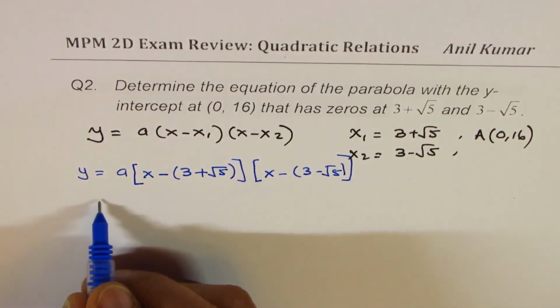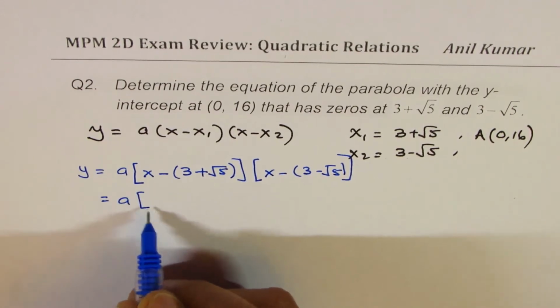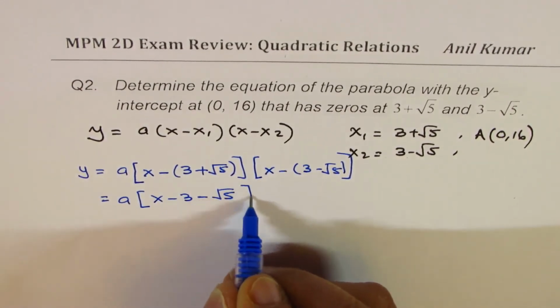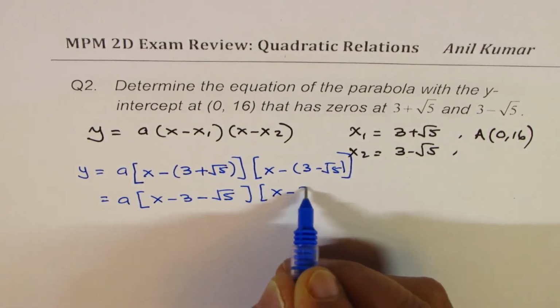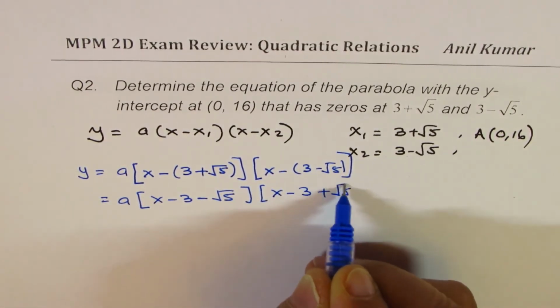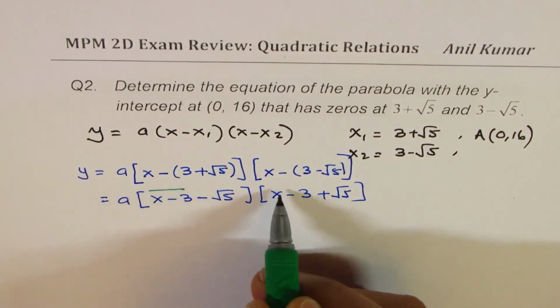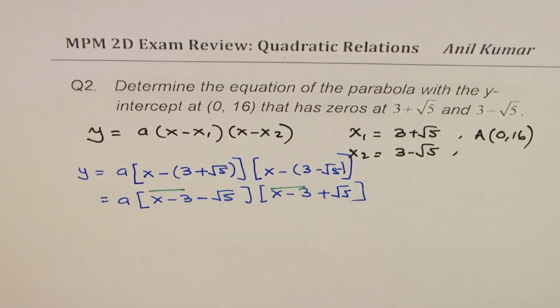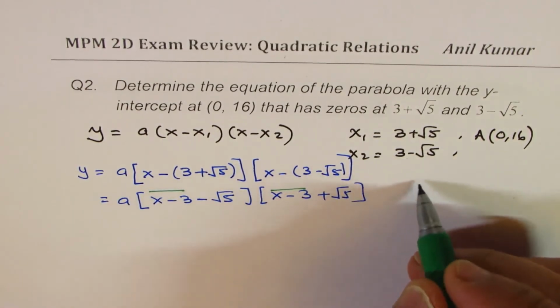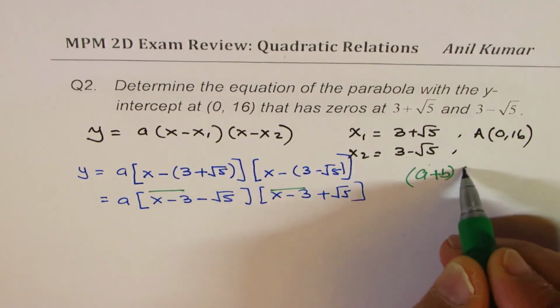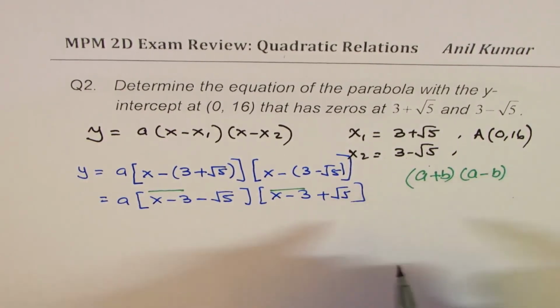Now let's open this bracket. If you open the bracket, you get x minus 3 minus square root 5 times x minus 3 plus square root 5. Now think like this. Let's say this is term a for you. In that case, we know a plus b times a minus b is equal to what?